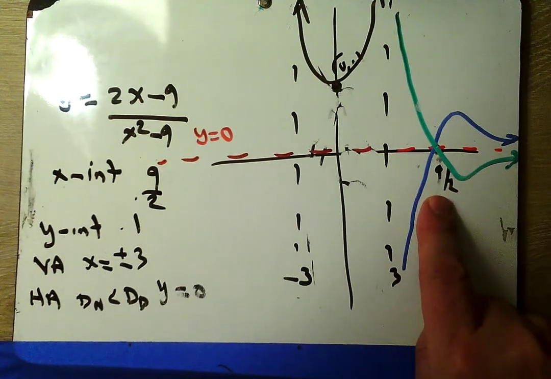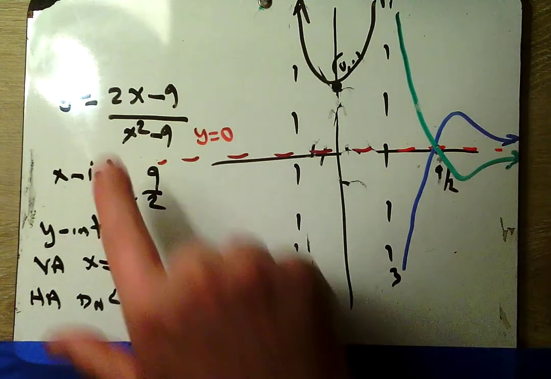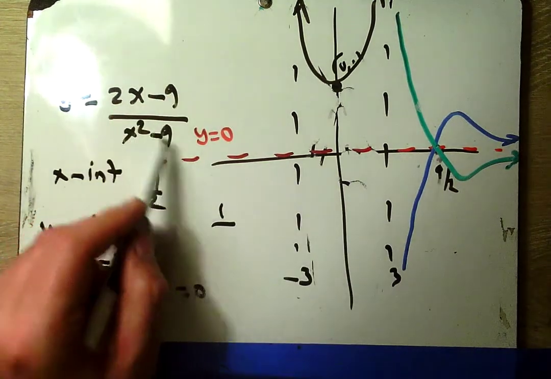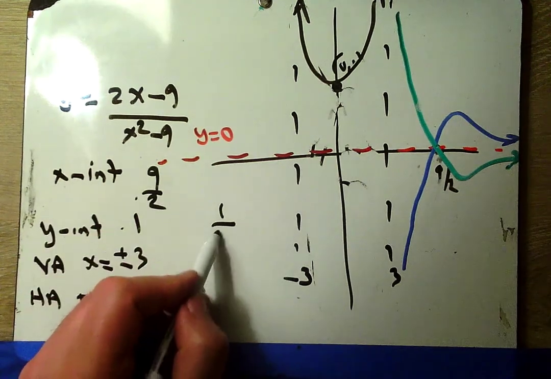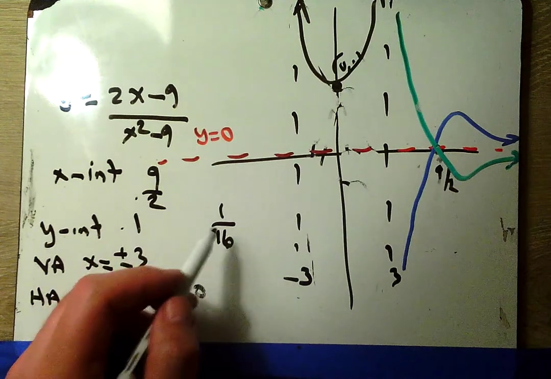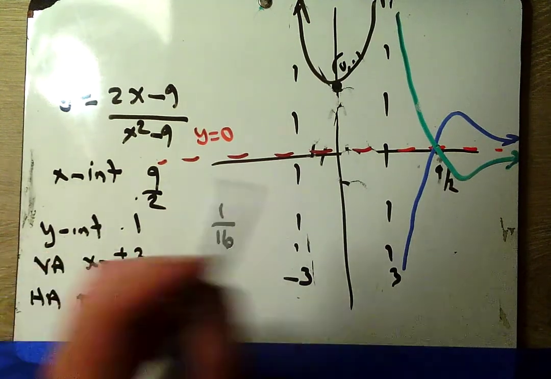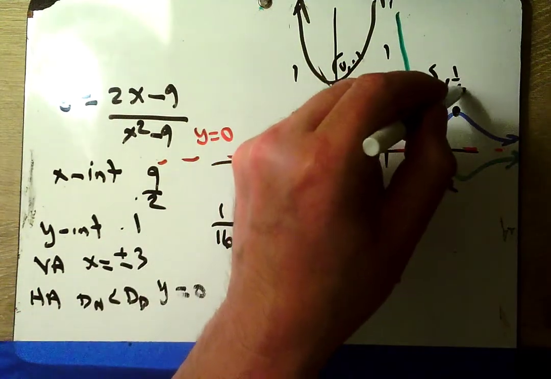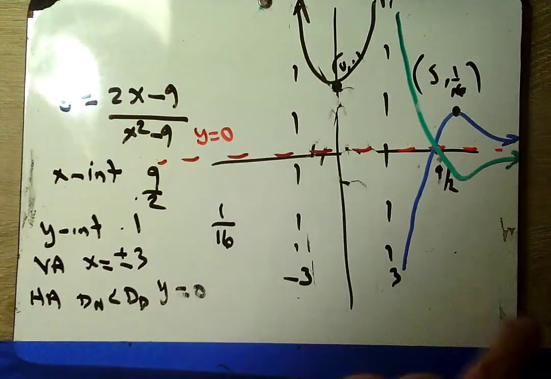This is 4.5, so I'm just going to plug in a 5. 10 minus 9 is 1, and 25 minus 9 is 16. I get 1/16. Is that a positive number or a negative number? It's a positive number, so I must be up here. 5, 1/16. And that's my graph.